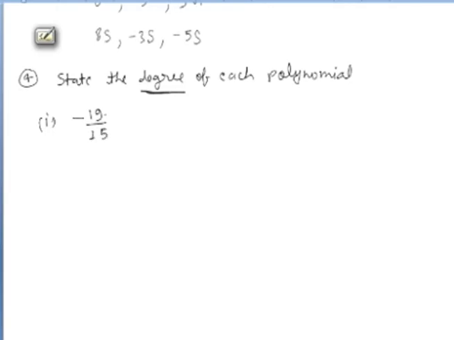Here in this term there is no variable. We can write this term as 19 upon 15 into x to the power 0, because the value of x to the power 0 is 1, and the degree is 0. So degree is 0.